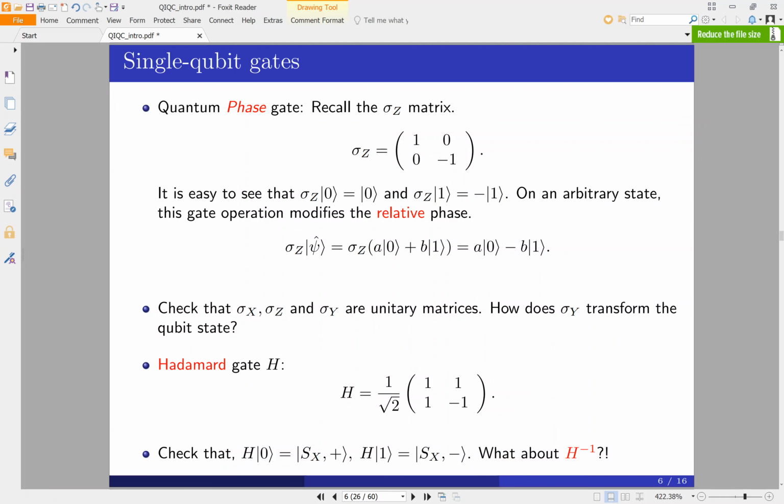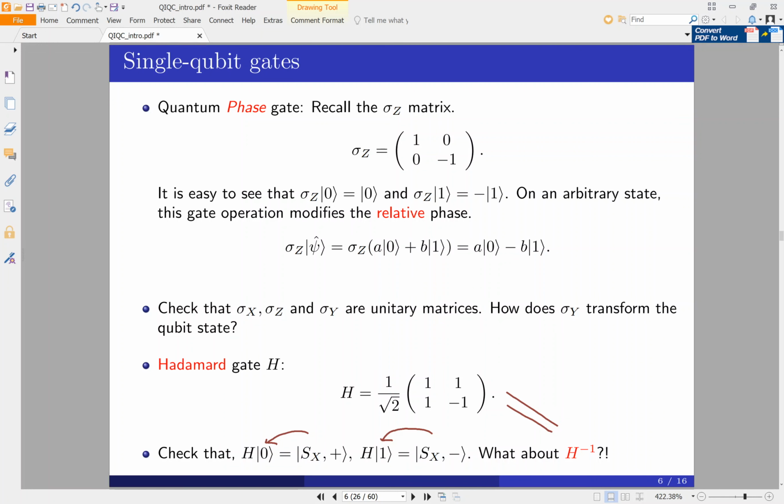You can also think about what H inverse is. Remember, for unitary matrices, the inverse is the same as the complex conjugate transpose, or the dagger operation. You can check that in this case H inverse is the same as H, and obviously what H inverse should do is to map you back from sigma x eigenstates to the sigma z eigenstates.